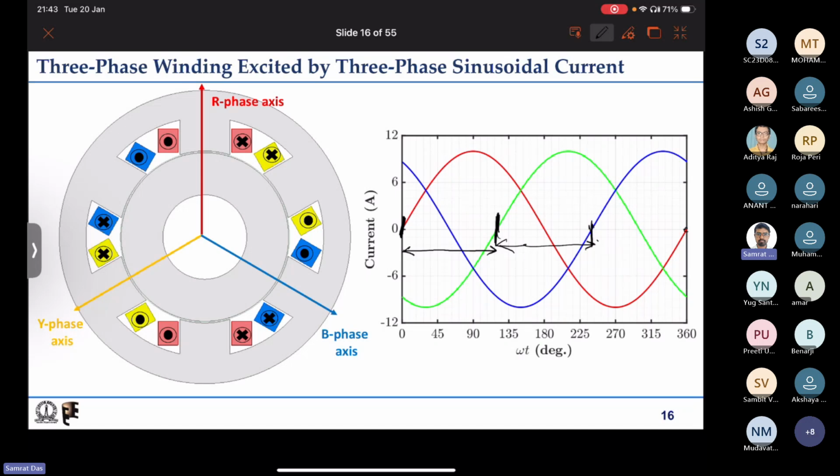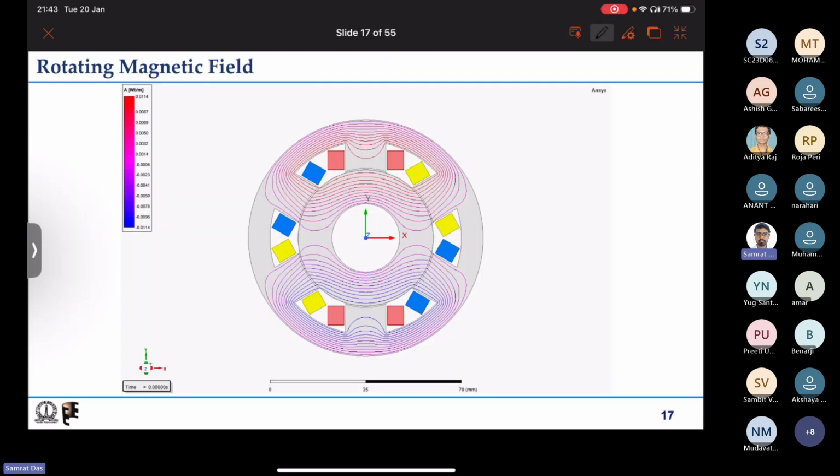Similarly, again red phase zero crossing is lagging from the blue phase zero crossing by 120 degree. So this is the kind of excitation that we are giving, and first let us see what happens to the magnetic field if we give this type of excitation. Now I'll start the animation, so you can first try to see that.